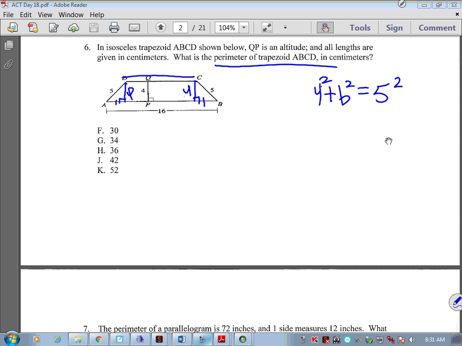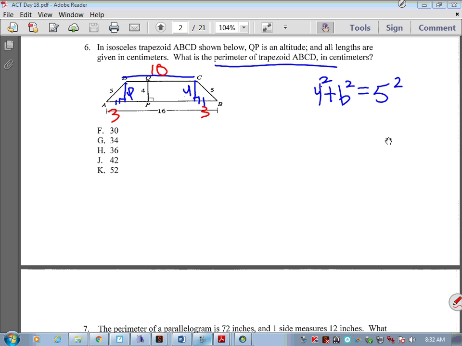Just take 25 minus 16, and that's going to give me 9. I'm going to square root 9. I'm going to get 3. So this length right here is 3, and that there is 3. 3 and 3 is 6. We're going to take 6 from that total length of 16. So we see that this length right here is 10.